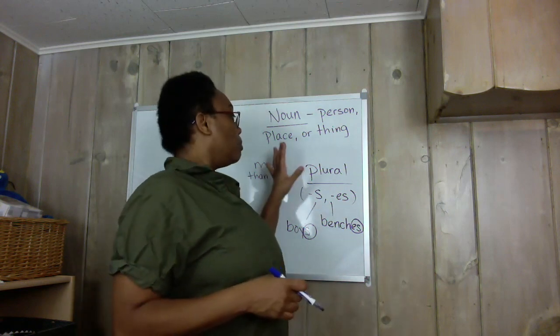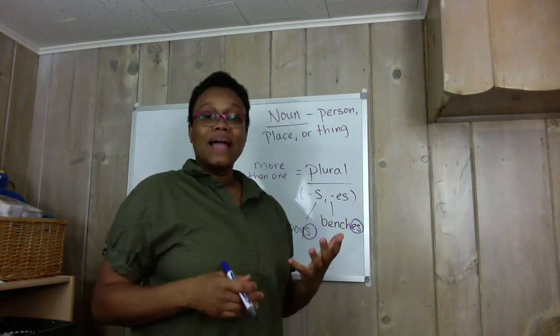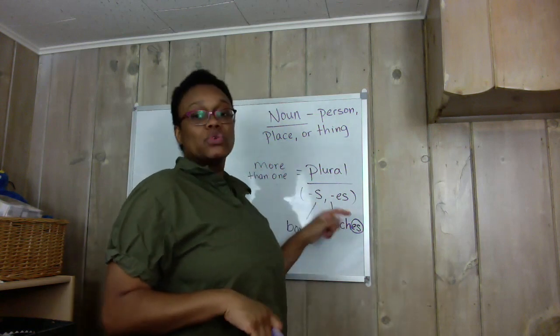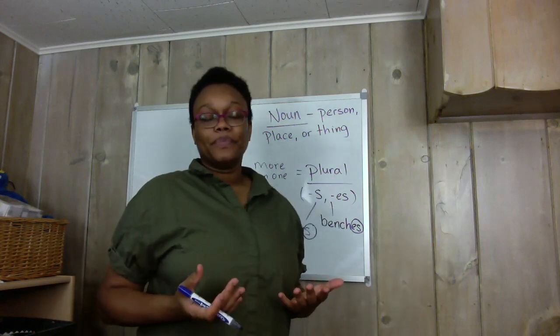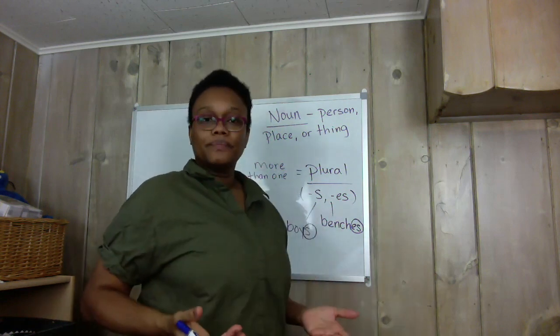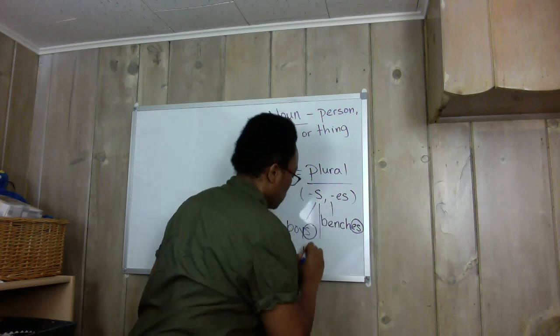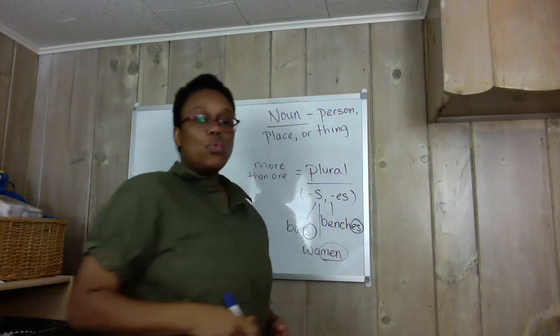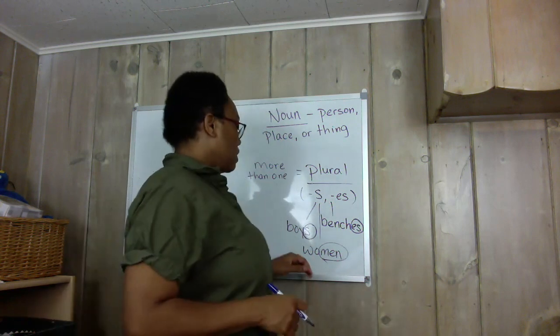Now, plural nouns can also have different forms. They do not add an S or an ES to them. For example, I said for singular, woman. Well, for plural, we would say women.